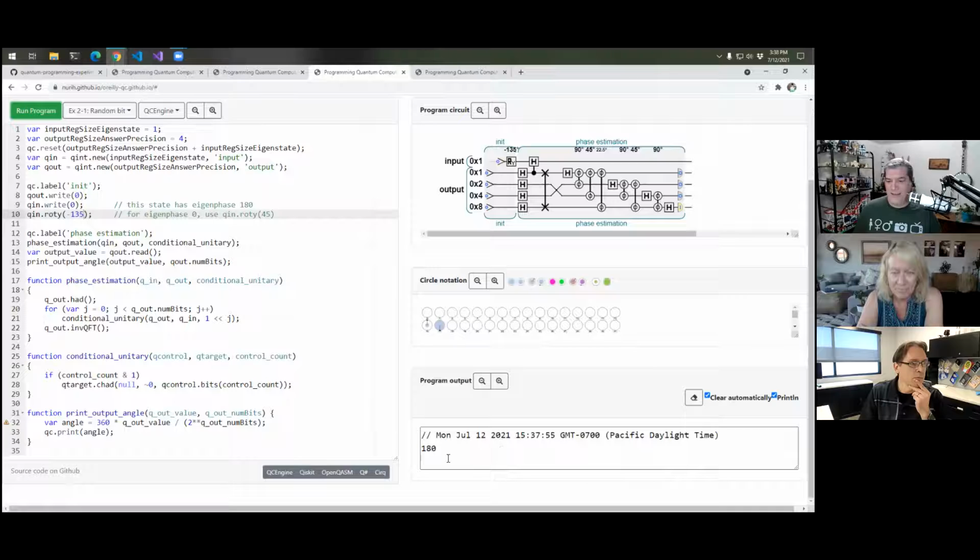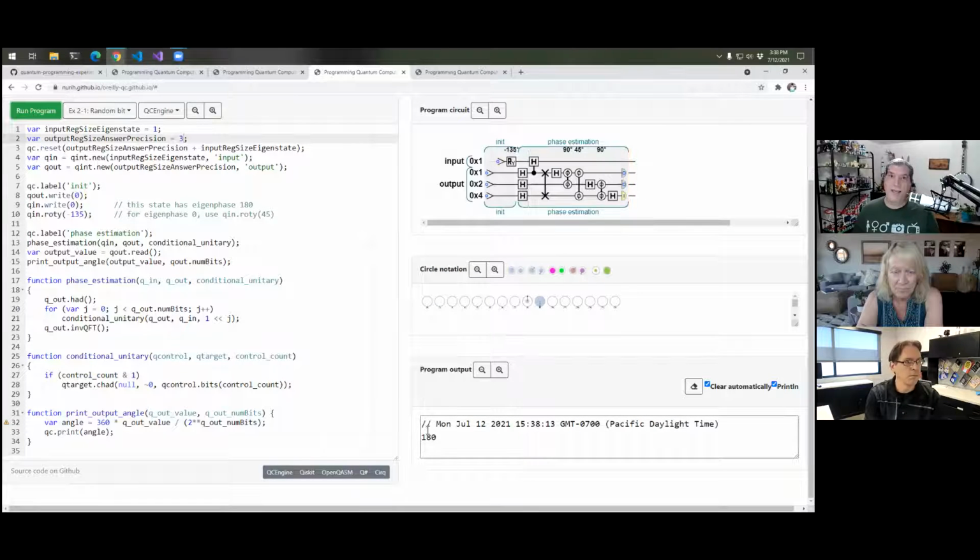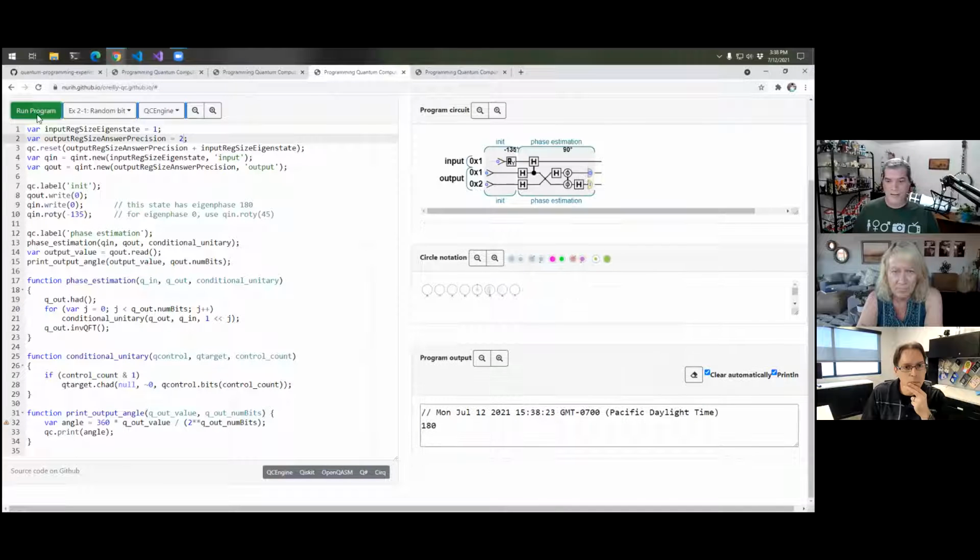Now, in this case, 180 degrees divides nicely into an even number of qubits. So we can actually change the output register to 3 qubits and we'll still get an accurate answer. And in fact, because I like to experiment, I changed the output register to 2 qubits and still got the answer that we expect.